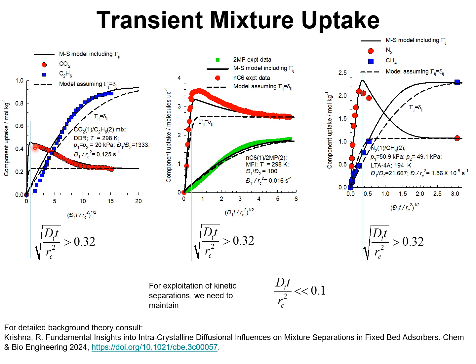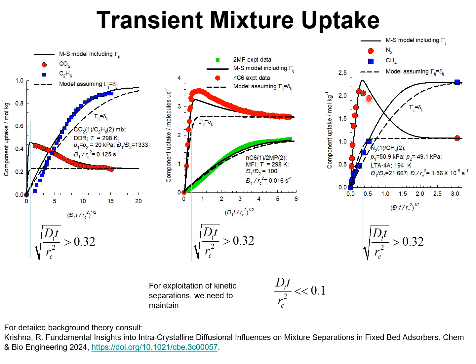This overshoot happens because CO2 is the more mobile component here. Normal hexane is the more mobile component in this example. Nitrogen is the more mobile component here. But the more mobile component in this case is less strongly adsorbed than ethane.